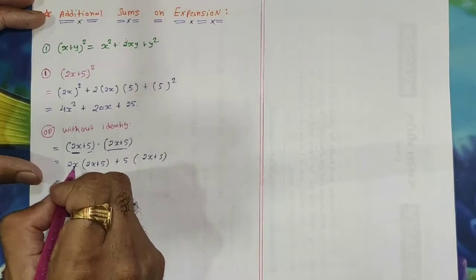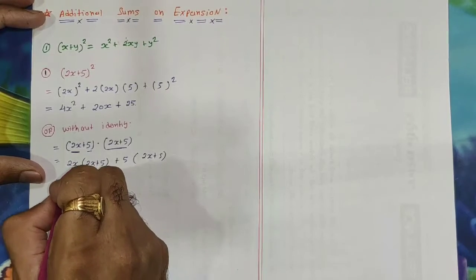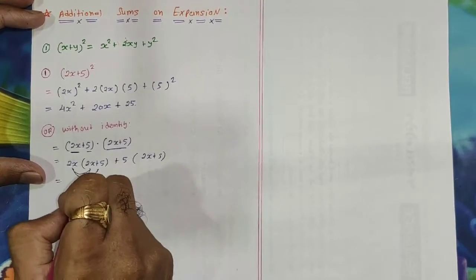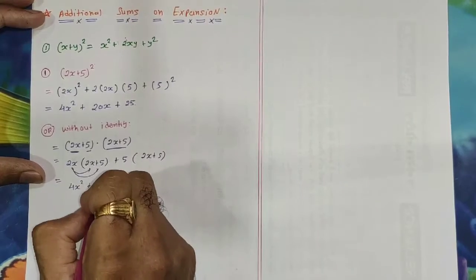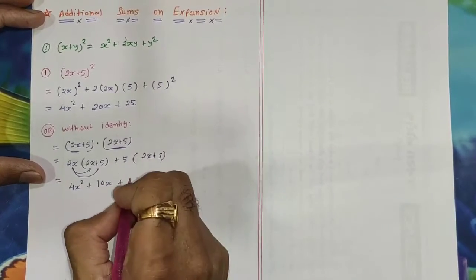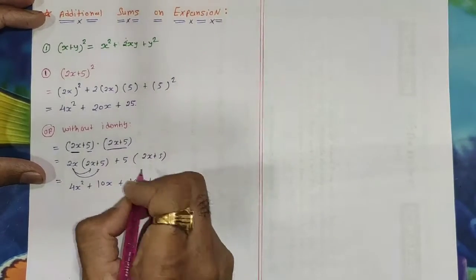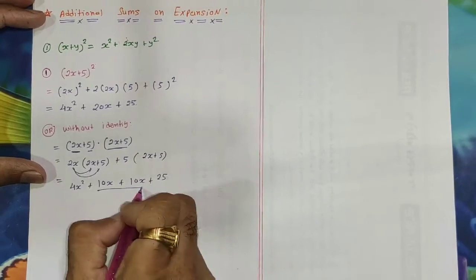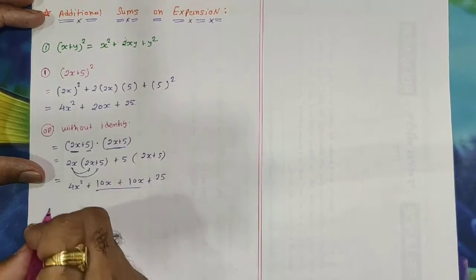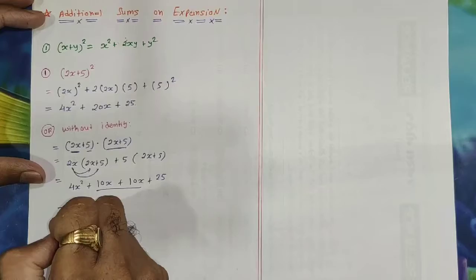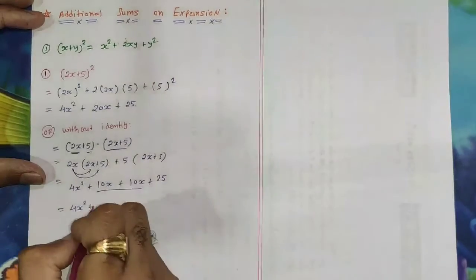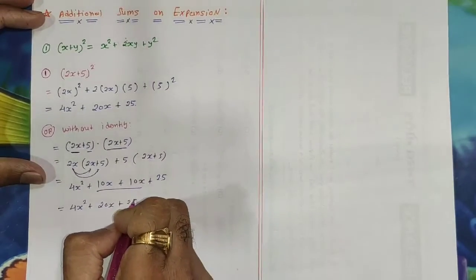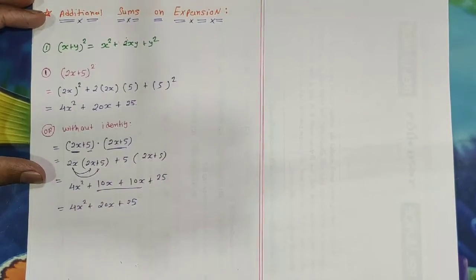Now this is multiplication of monomial with binomial. 2 2s are 4x square, plus 2 5s are 10x, plus 5 2s are 10x, plus 5 5s are 25. So 10x plus 10x is 20x. This equals 4x square plus 20x plus 25.